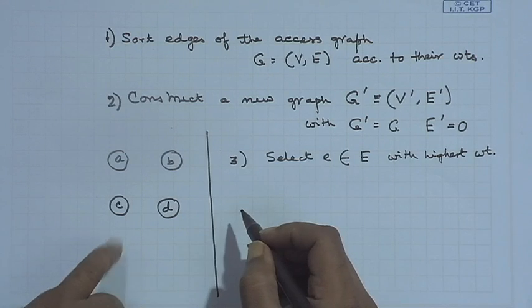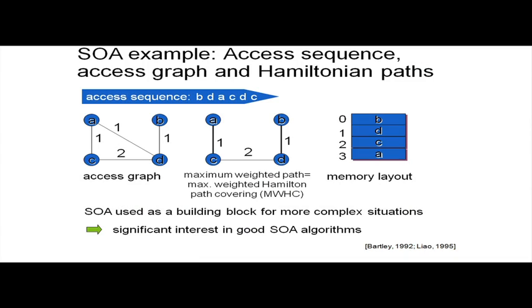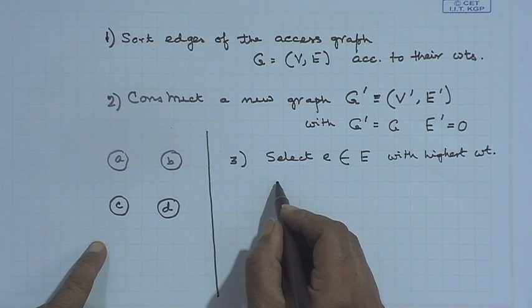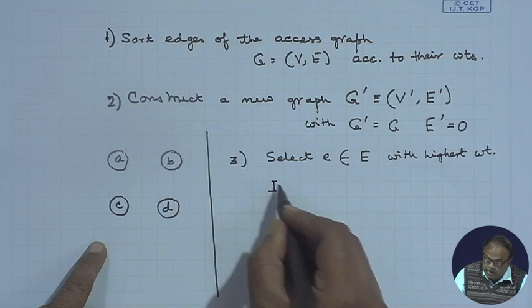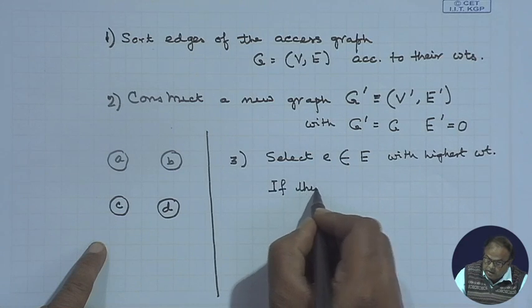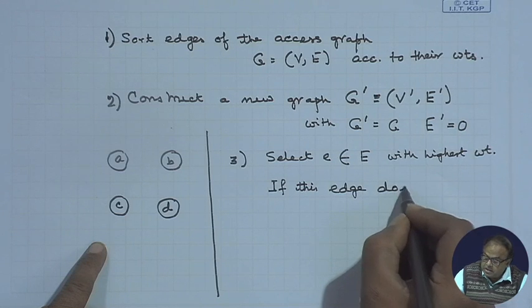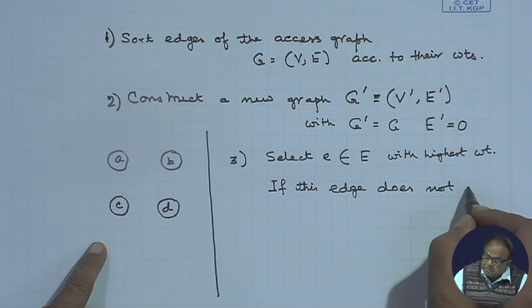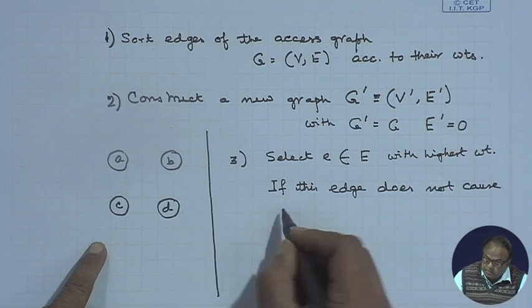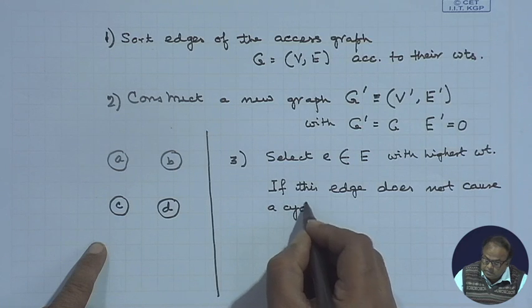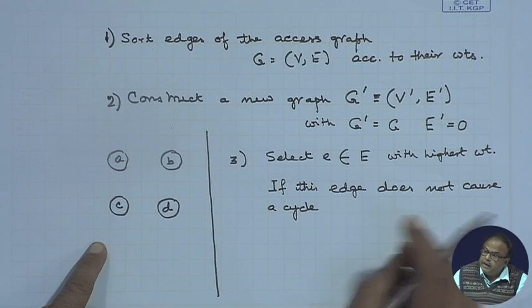For us the highest weight is between C and D. Now the decision is, if this edge does not cause a cycle, then include it.